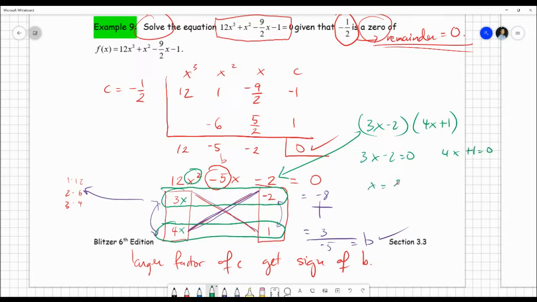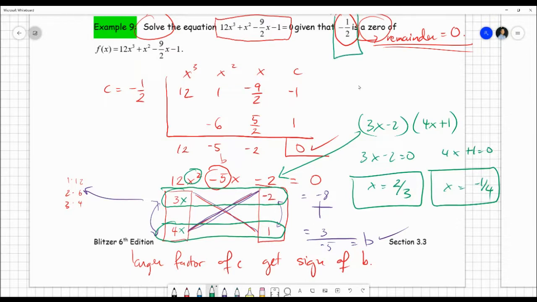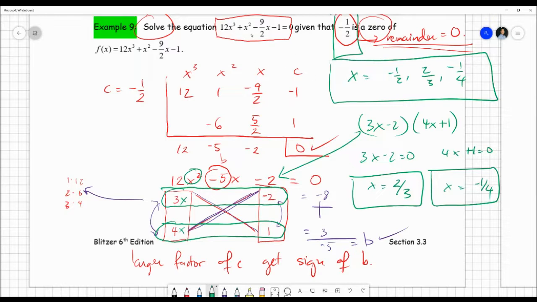So here x equals 2/3 and x equals -1/4. So here I have three solutions, and the first one here is -1/2. So x equals -1/2, 2/3, -1/4. And that is my final solution to this equation.